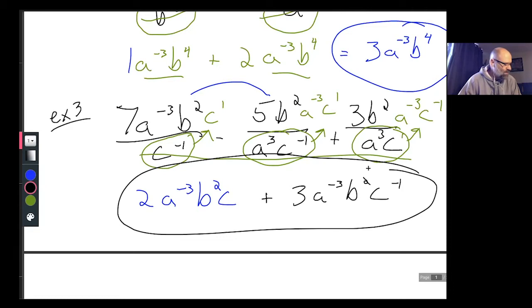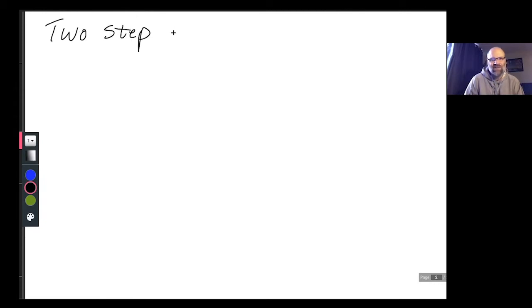Okay, one more little concept, and then we are done with lesson 41. The other part of 41 is just two-step problems, which is different than two-step equations. Let me tell you what two-step equations are first, just to remind you. Two-step equations are equations that take two steps to solve.